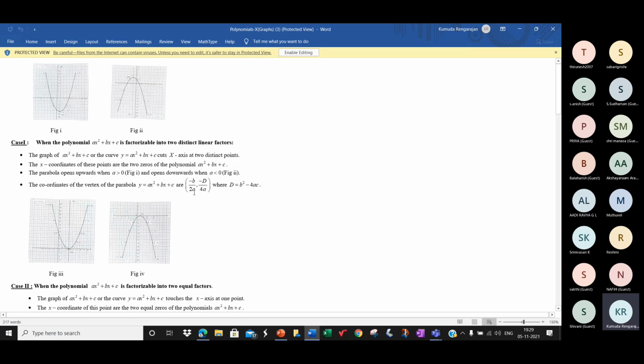You can get the values of a and b from the polynomial. D is given by b square minus 4ac. So when you substitute that value of d, minus b by 2a and minus d by 4a will be the coordinates of the vertex. The vertex can be the lowest point or the highest point of the parabola.